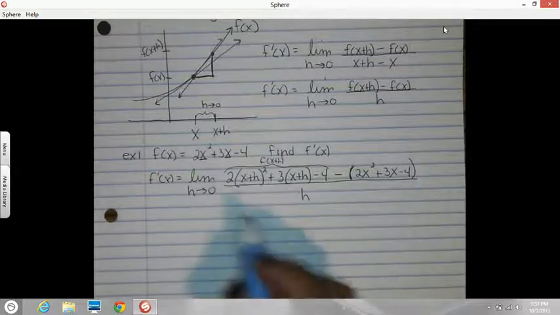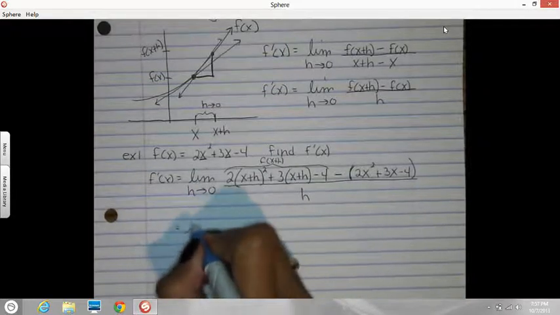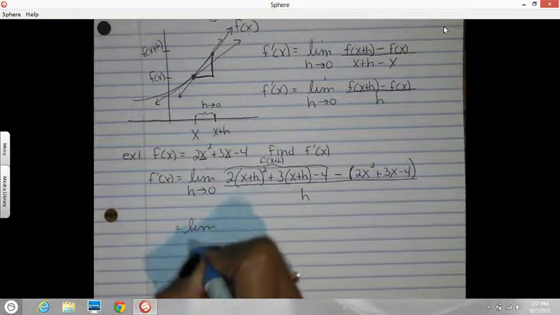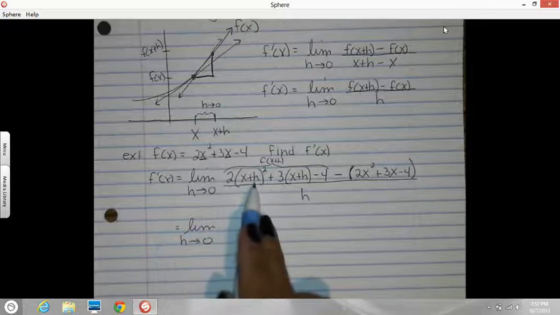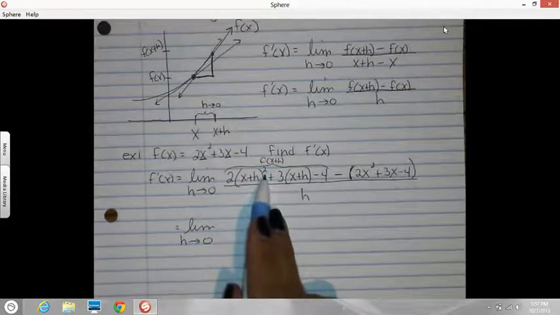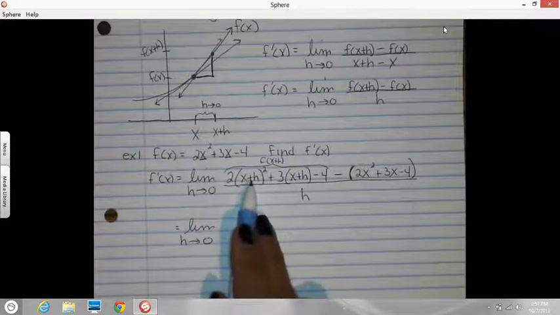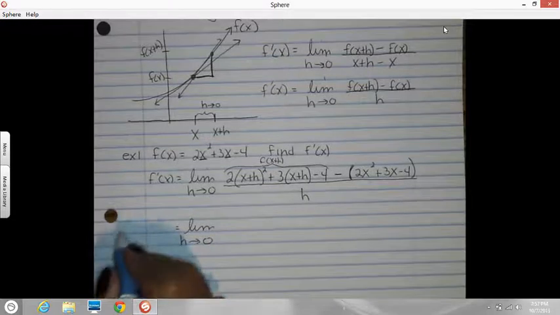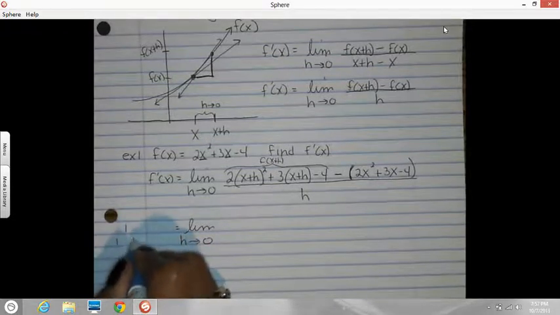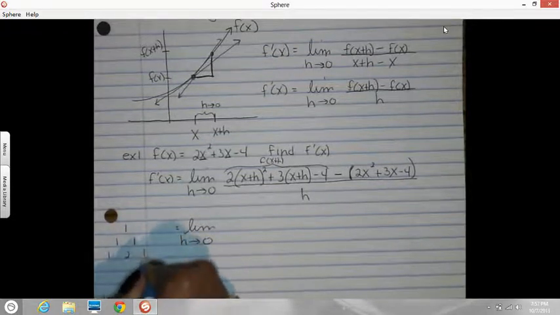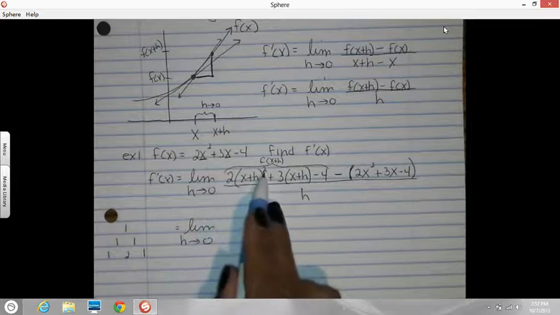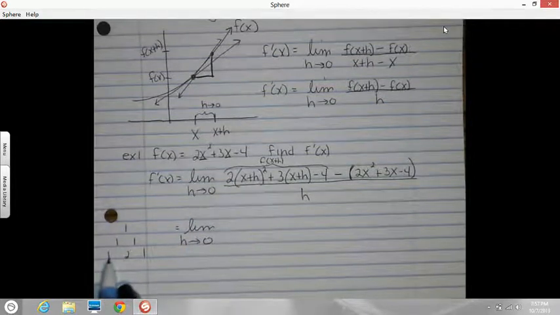So we've got the limit as h approaches 0. I have to expand this binomial. I have to square it. I can do FOIL, or I'm going to go to the Pascal's triangle that we had and use that for expansion. And if you look, I know it's going to have 3 terms because I'm squaring. The multipliers are 1, 2, 1.